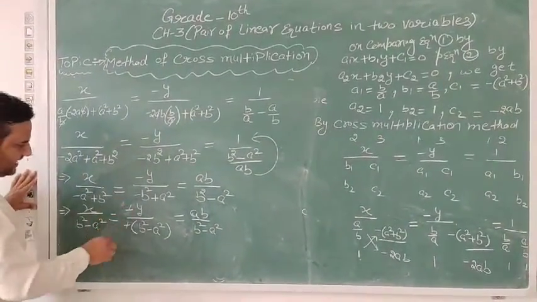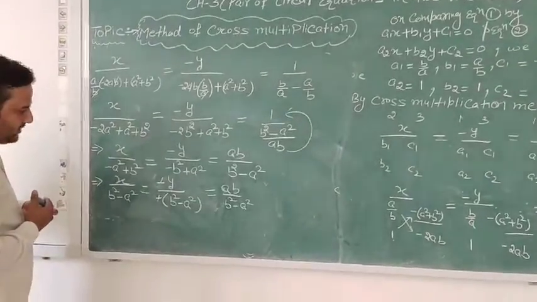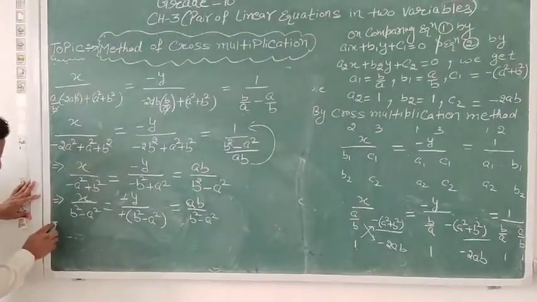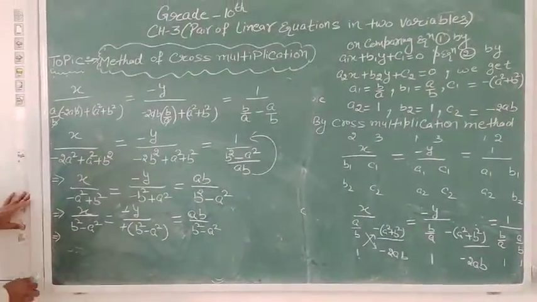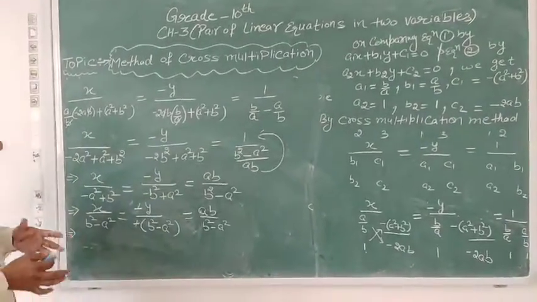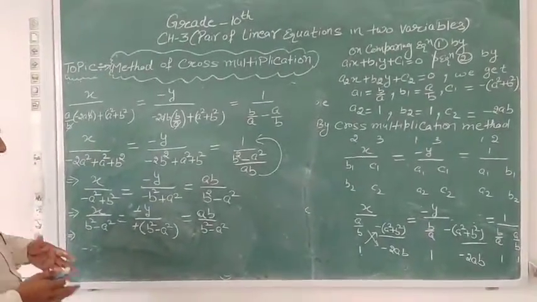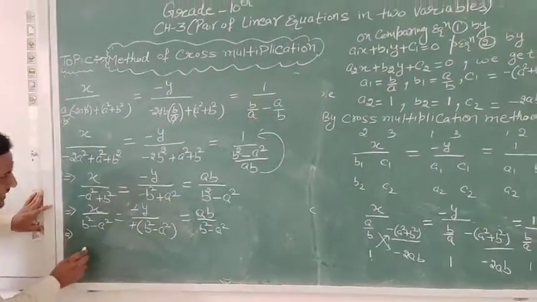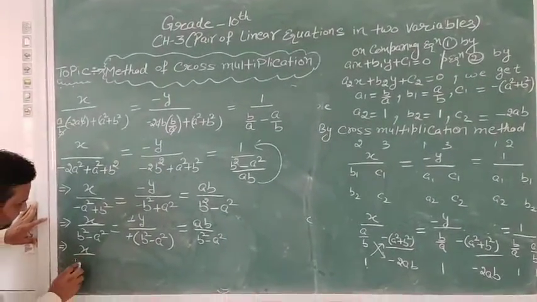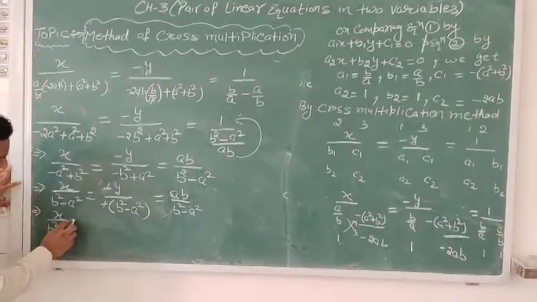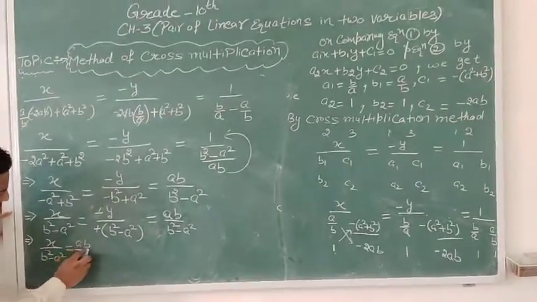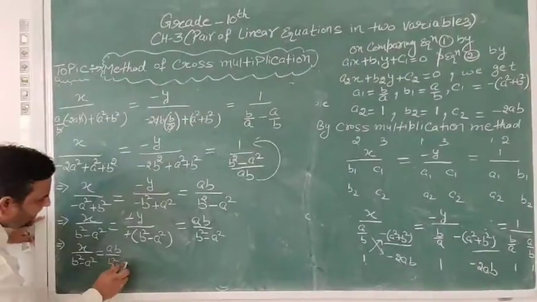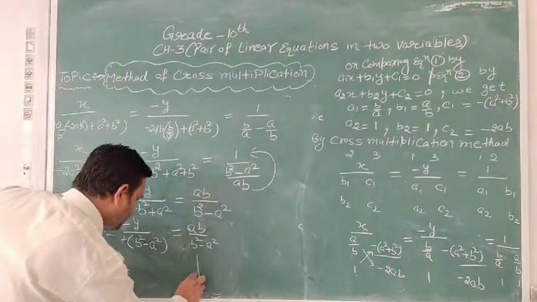So this negative and negative cancel. Now we are actually interested in x and y. So all the three values are equal to each other. So it's up to us which values we use, means after equating we have to find out our result. So I am writing here, students, x upon b square minus a square is equal to ab upon b square minus a square. I am writing on one line here.